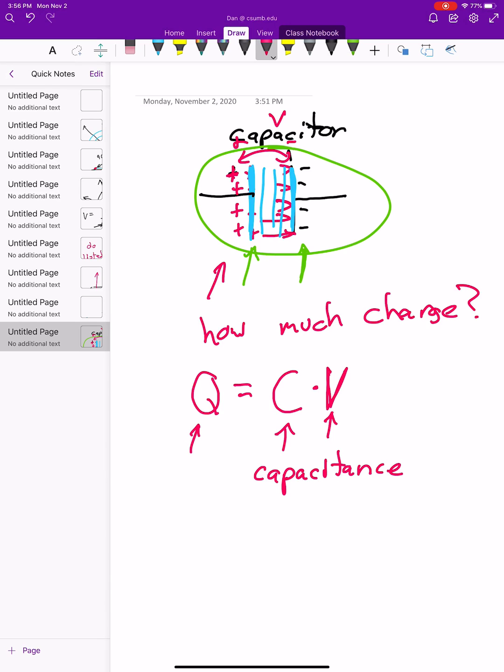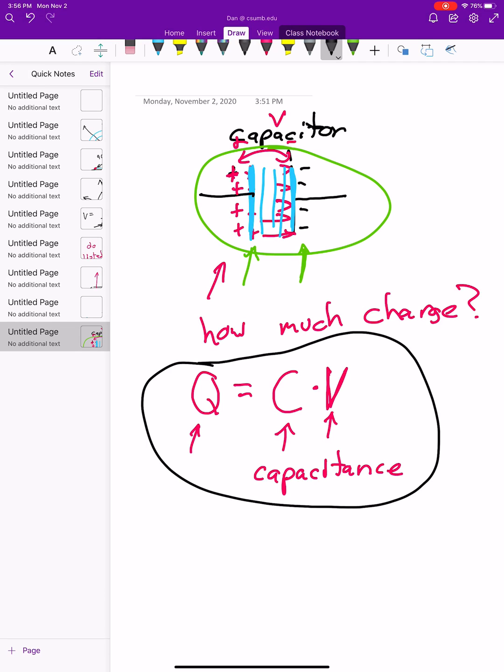And this equation basically relates the amount of charge to the capacitance, and the problems we've been working on actually demonstrate that. And I'm going to step you through how I got this equation in the next little video. But this is an important equation to think about regarding capacitance.